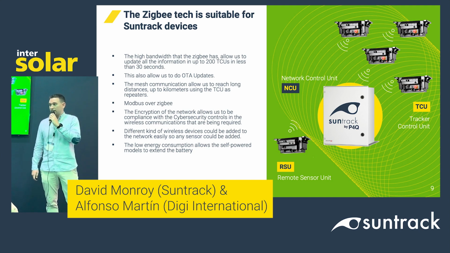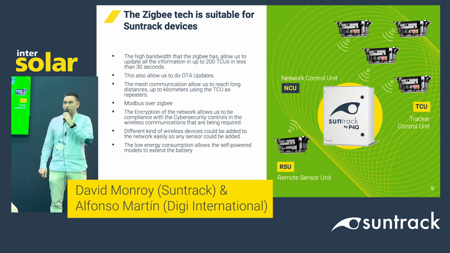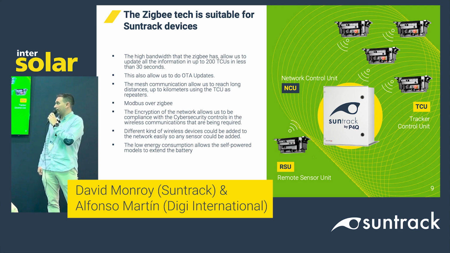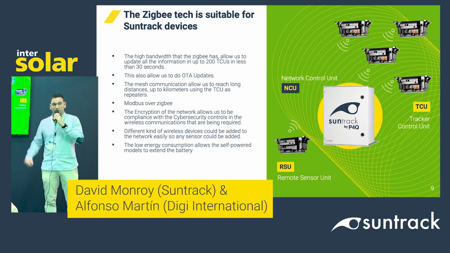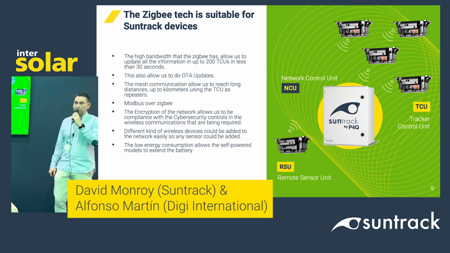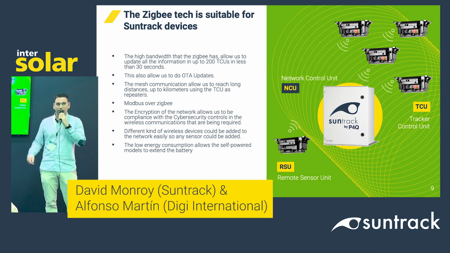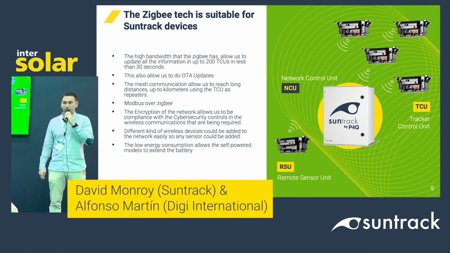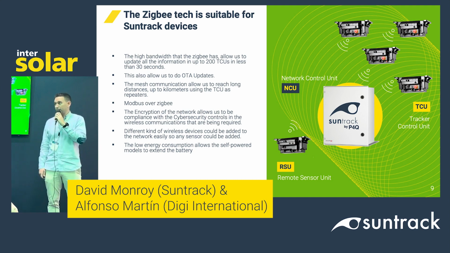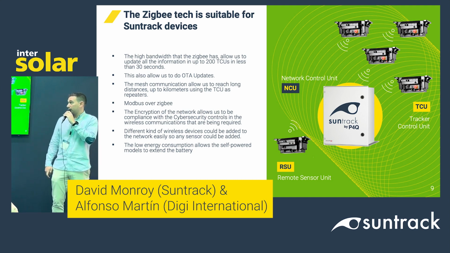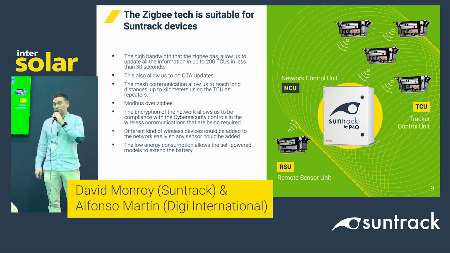So that's a good point for our system because we are able to monitor a lot of variables. Then, as Alfonso said, we are able to update all our devices via Zigbee. So if a vulnerability has been discovered or any kind of improvement is needed, the software can be updated remotely.